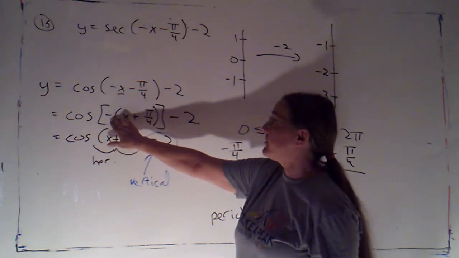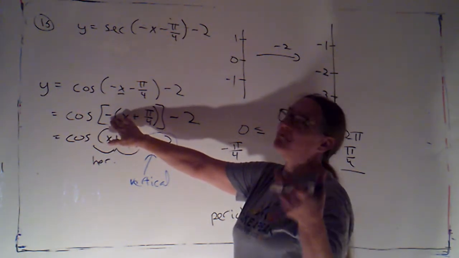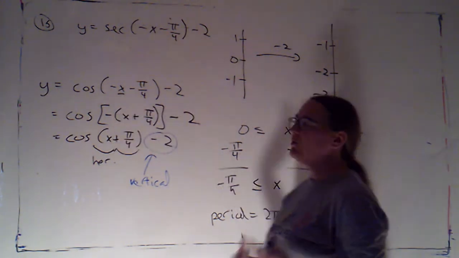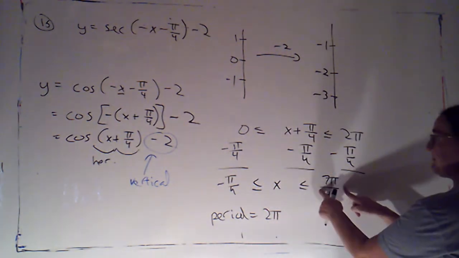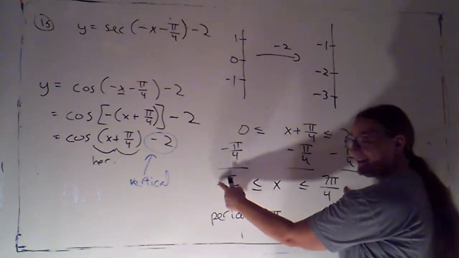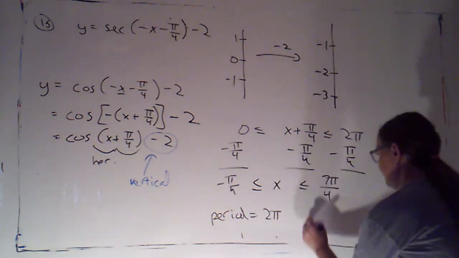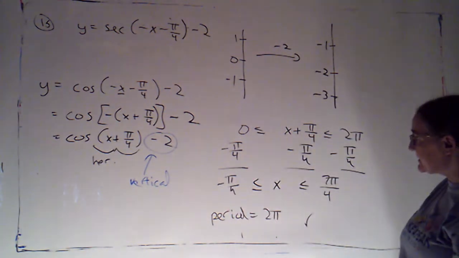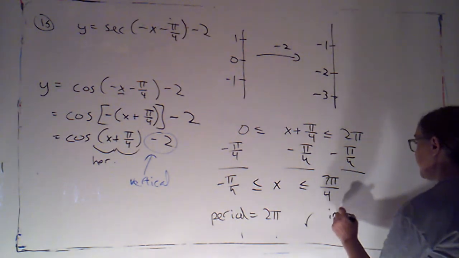Or if I looked at this version, where I'm multiplying by negative 1, it would be 2 pi divided by the absolute value of negative 1, which still gives me 2 pi. I can double check. 7 pi over 4 minus negative pi over 4 is plus pi over 4, so that's 8 pi over 4. That's 2 pi. It checks. Excellent.